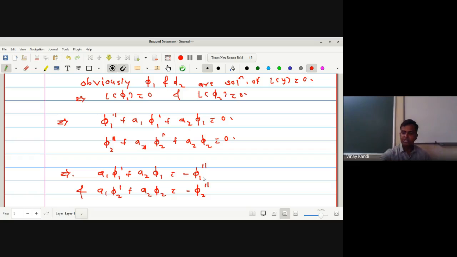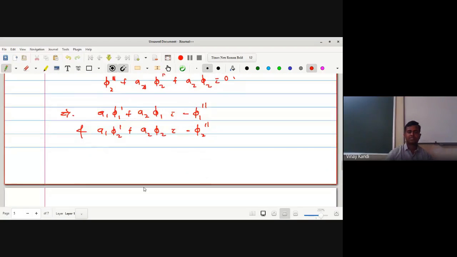Okay, now solving these two equations by Cramer's rule. Assuming a1 and a2 as the unknowns, solve for a1. A1 statement लिहिलं बरं का, solving above system of equations by Cramer's rule, we get a1 is equal to what is the determinant?